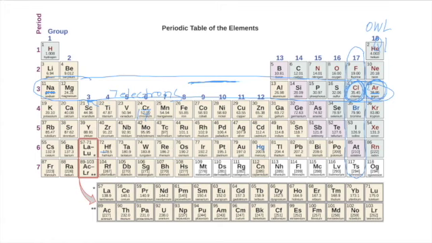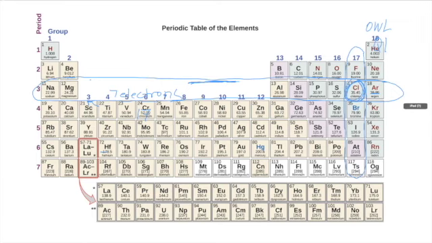So if the element you're solving for has a negative charge, for that specific question asking about the electron configurations, go to the nearest noble gas, which is the noble gas in the same row.